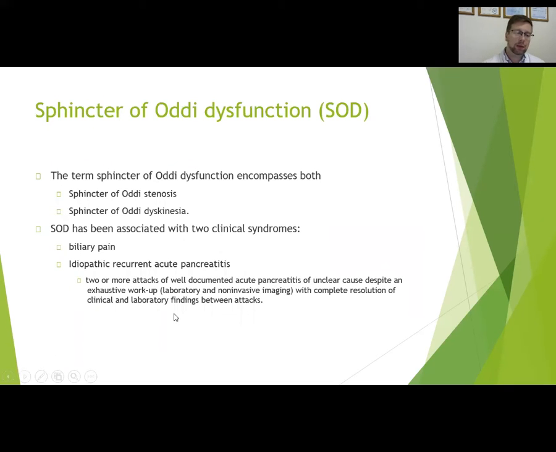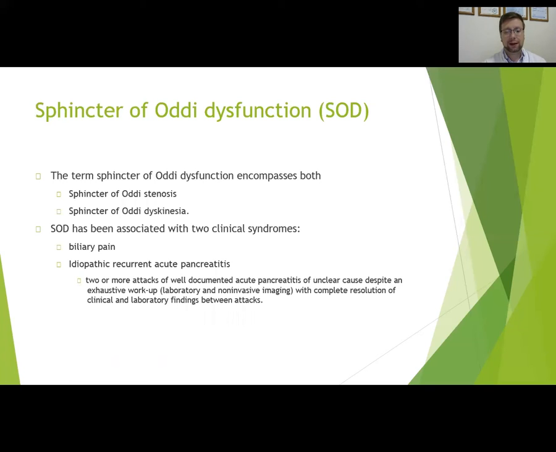A very common pathology is sphincter of Oddi dysfunction, SOD. It encompasses both sphincter of Oddi stenosis and sphincter of Oddi dyskinesia. SOD has been associated with 2 clinical syndromes, biliary pain and idiopathic recurrent acute pancreatitis.